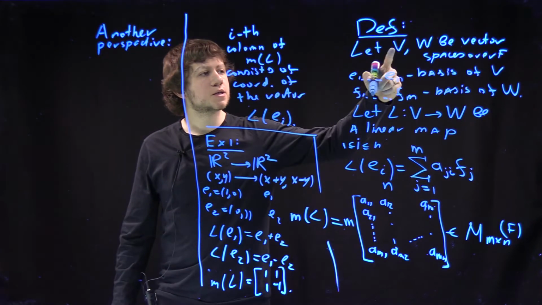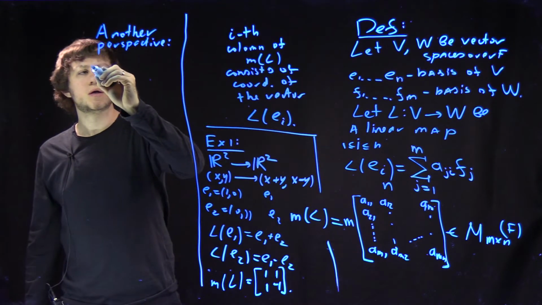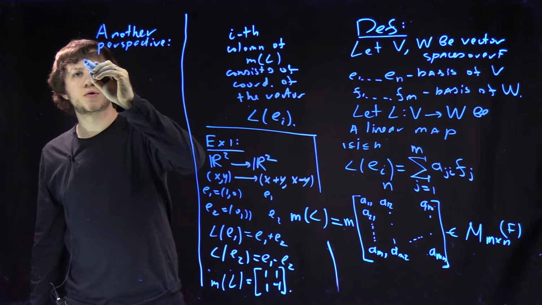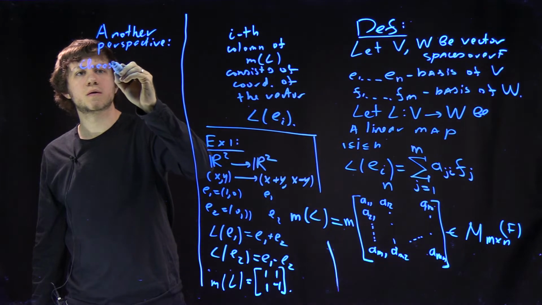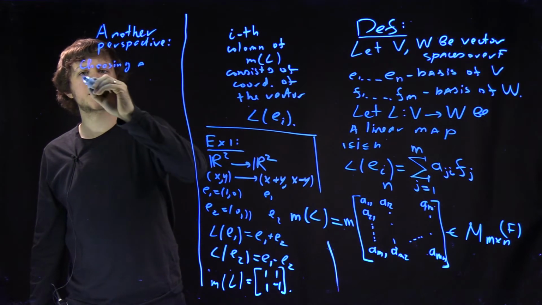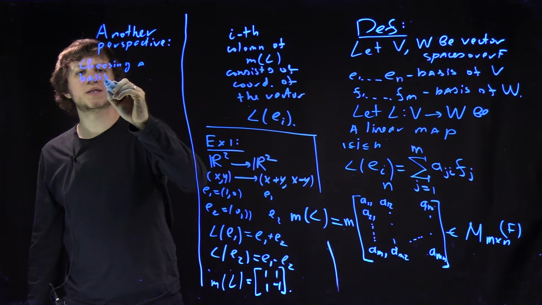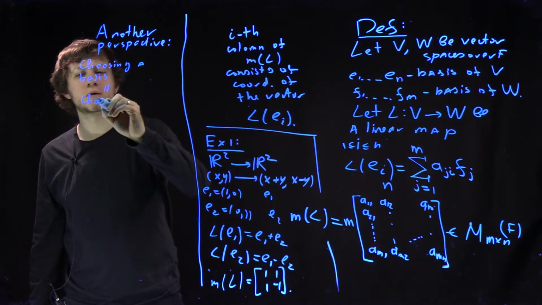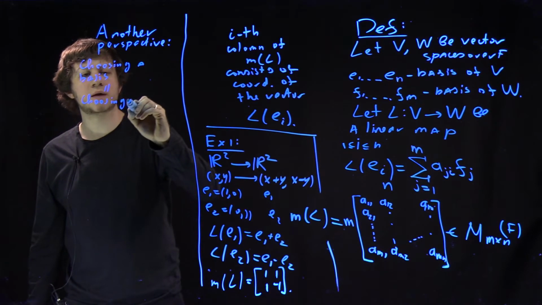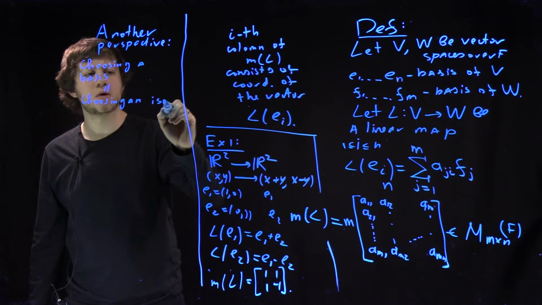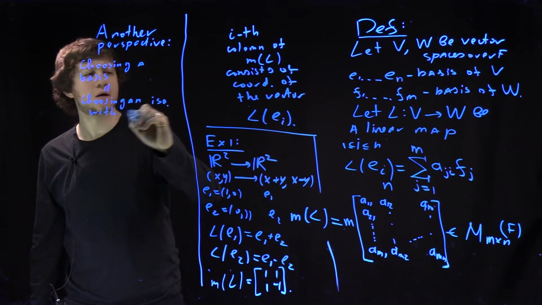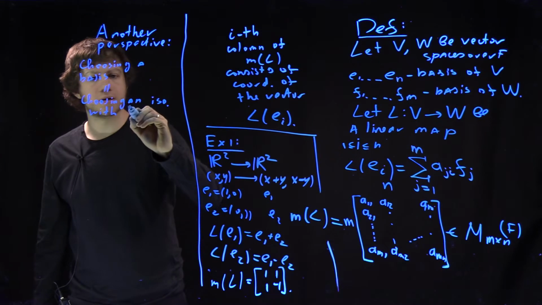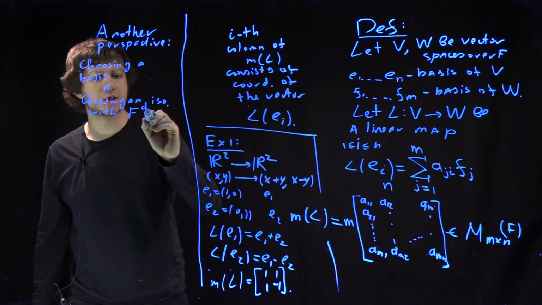Choosing a basis is literally the same as choosing an isomorphism with F^d, where d is the dimension.